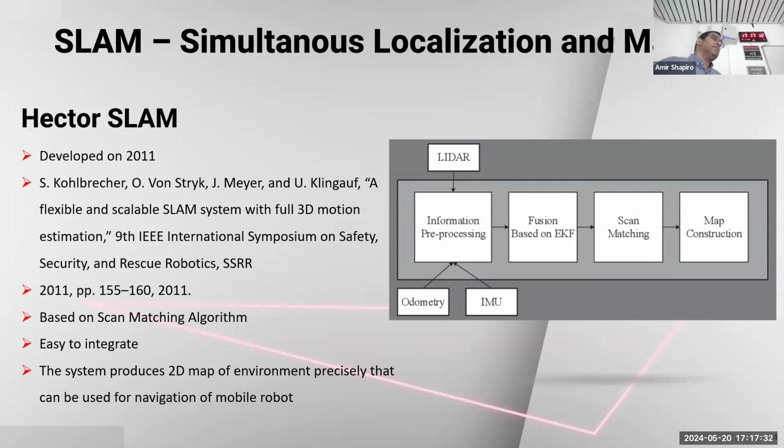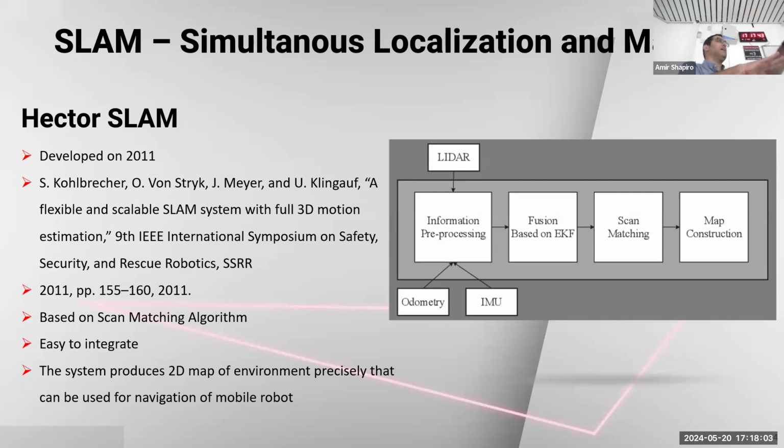It looks at the 2D LiDAR map and detects some features on this map. Then when it moves, it sees how these features moved and calculates how the robot actually moved. This is called scan matching.